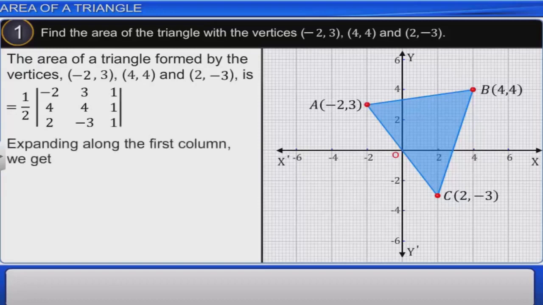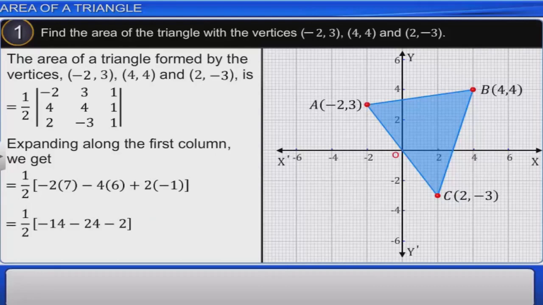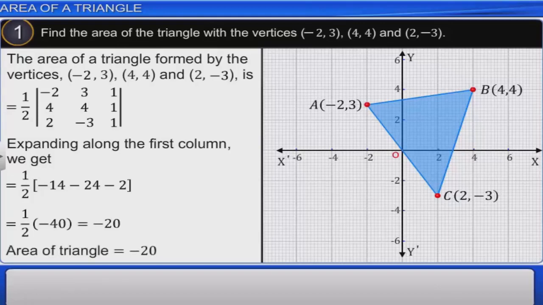On expanding the determinant along the first column, we get the following. On simplifying, we get -20. This means the area of the triangle is negative, which is not possible.